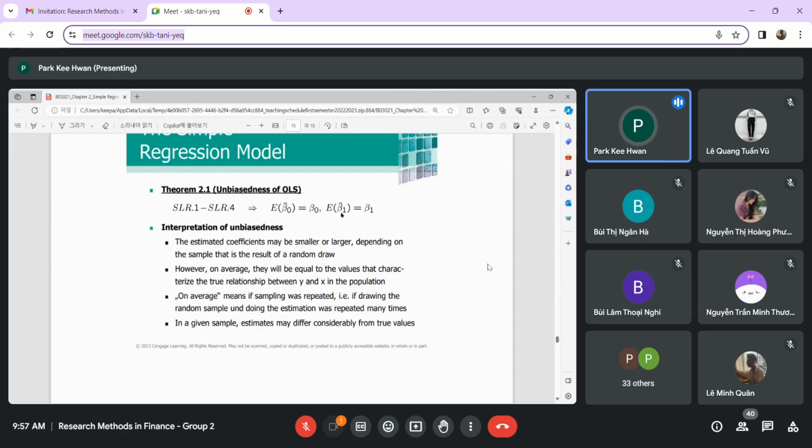Now, what does it mean? Interpretation of unbiasedness. Now we know that the estimated coefficients, in other words beta naught hat and beta 1 hat, are random variables. So an estimated coefficient may be smaller or larger, depending on the sample, and that is the result of the random draw.